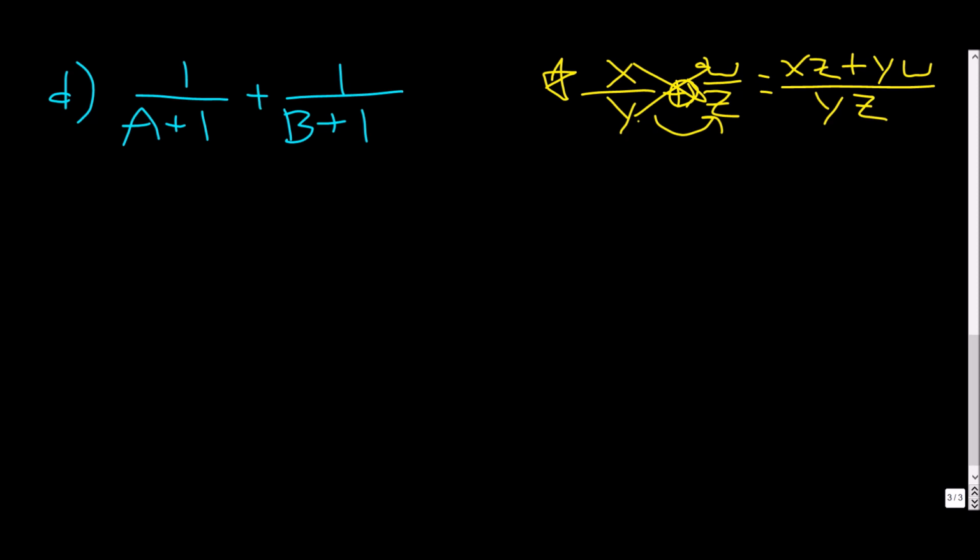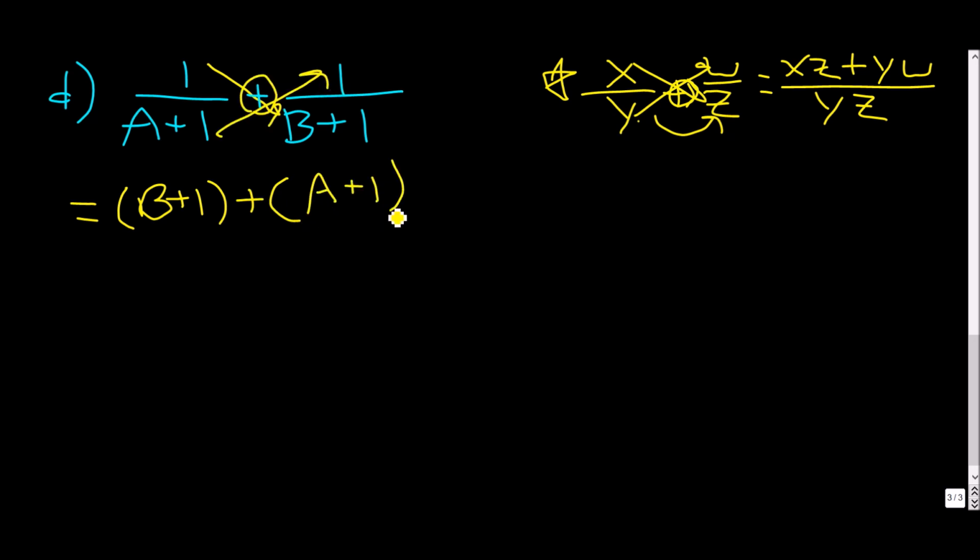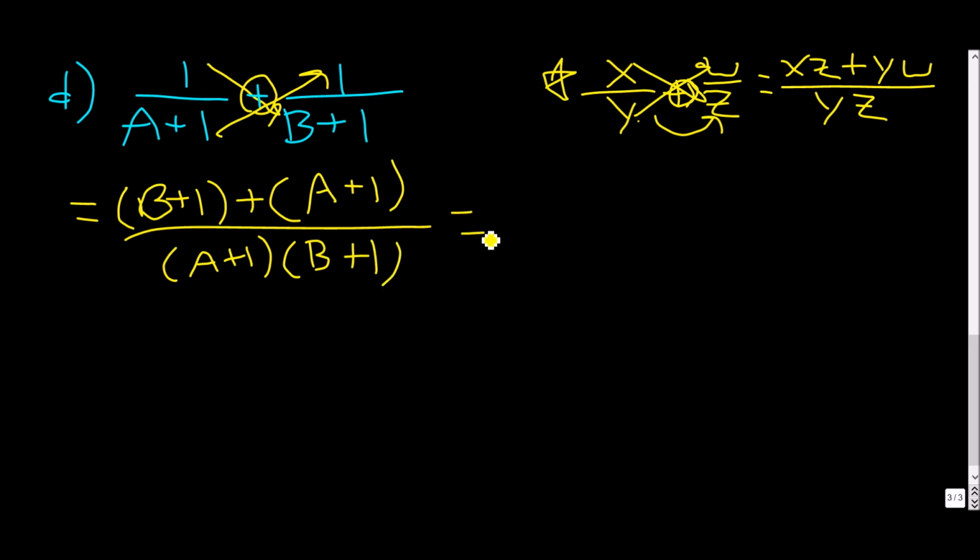So this part is going to be the same thing as 1 times beta plus 1, so that's beta plus 1, plus alpha plus 1 times 1, which is alpha plus 1, over alpha plus 1 times beta plus 1. Now we can simplify this a little bit. On the top, we actually have alpha plus beta plus 2.